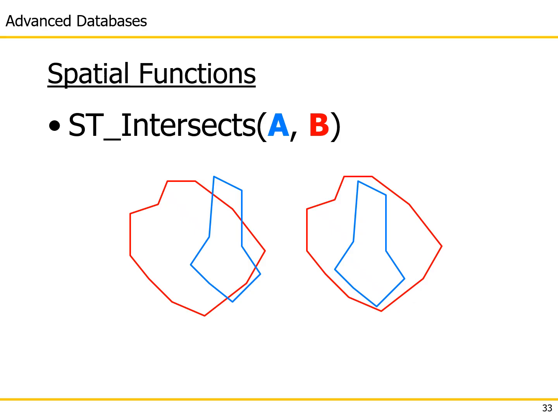This could be, for example, land usages or different buildings in the city or different buildings intersecting with empty lands and so on. Or A represents buildings, B represents empty lands. Something like this, okay? So the point is you have two polygons and you would like to test if they intersect or not. So the figure on the left will return true because A and B, the red and the blue polygons, intersect, and in the figure on the right, they don't intersect, so it will return false.